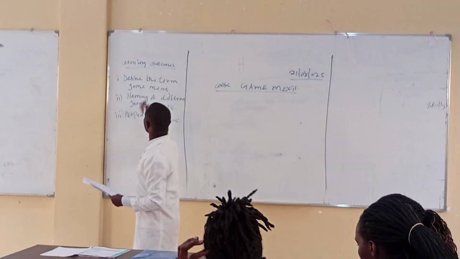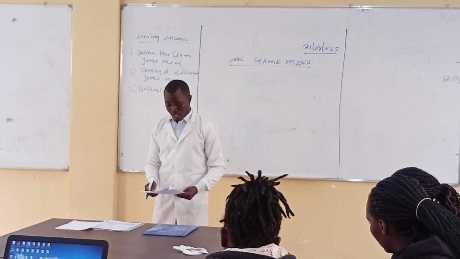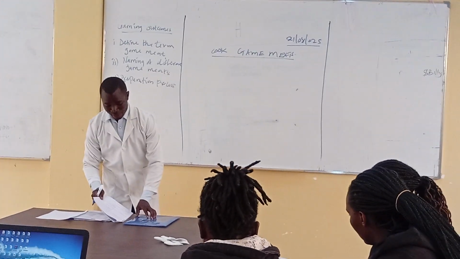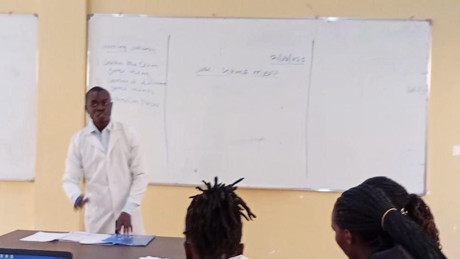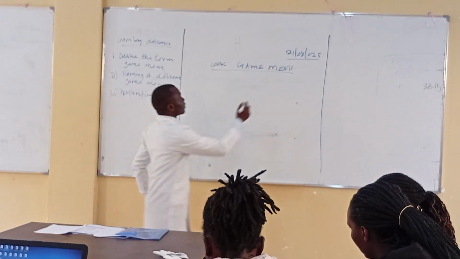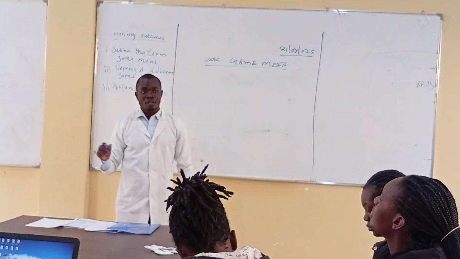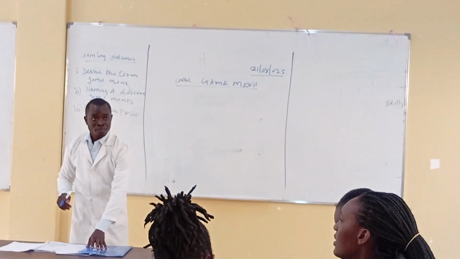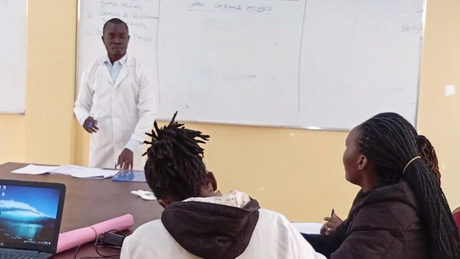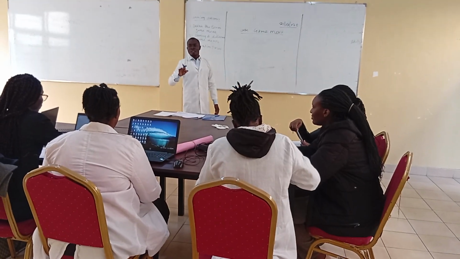Now, having looked at the learning outcomes, that is the expectation at the end of the lesson, I will first quickly ask what you understand by the term game meat. Who has ever heard of game meat, or game animal? Yes? These are meats that we obtain from animals by hunting them. Very good, that is a very good definition.